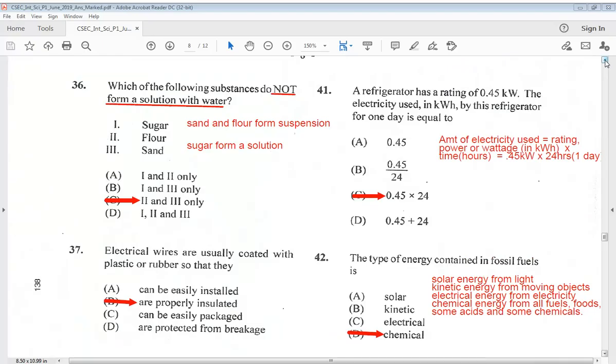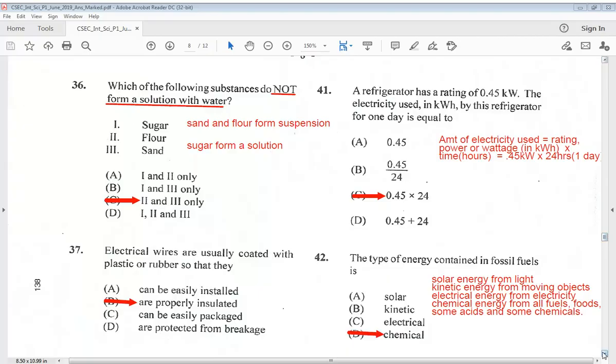The electricity used in kWh by this refrigerator for 1 day is equal to, so we know the amount of electricity used equals the rating power or wattage times time. So that would be 0.45 times 24 hours, which is 1 day. So the answer would be C.